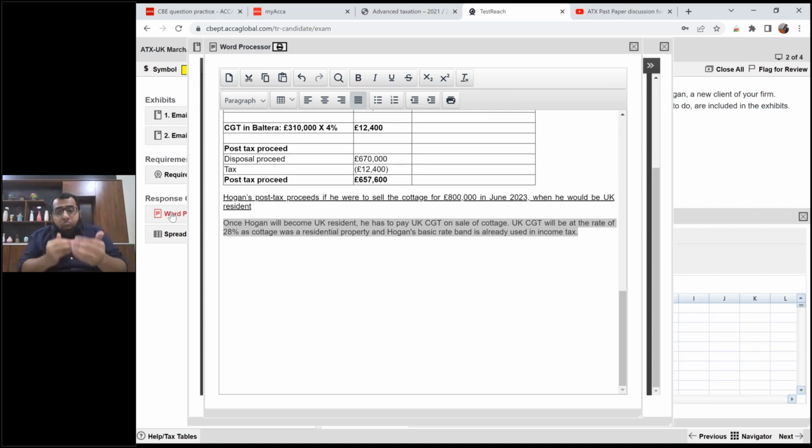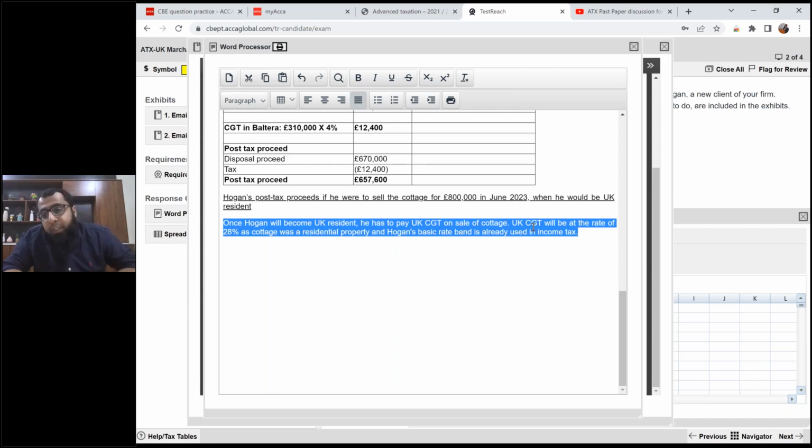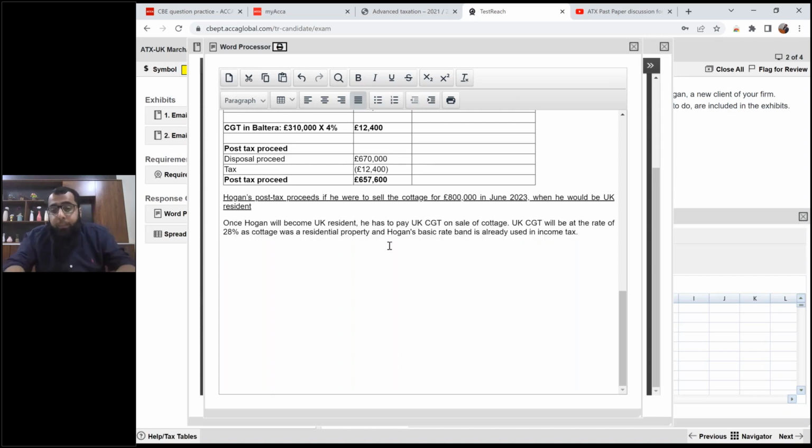So the examiner also gives you leverage in this area. So don't go for perfection. There will be areas where you will forget small things. So once Hogan becomes UK resident, he has to pay UK CGT on sale of the cottage. UK CGT will be at the rate of 28%, as the cottage was a residential property and Hogan's basic rate band is already used in income tax.